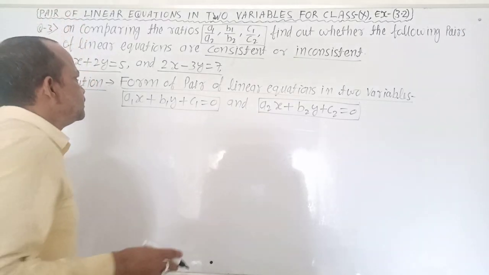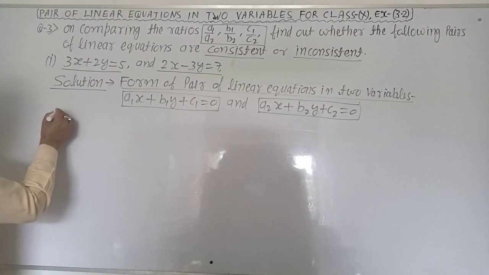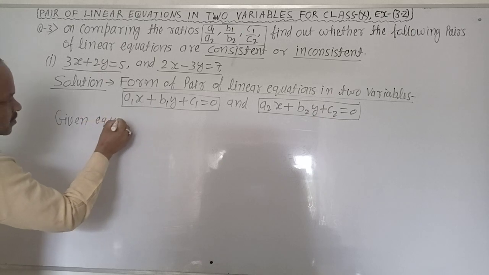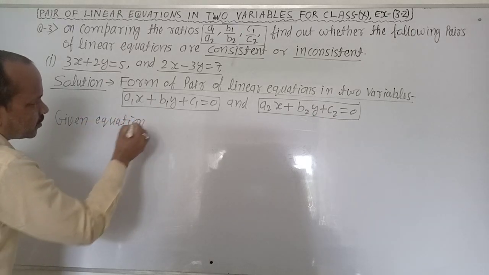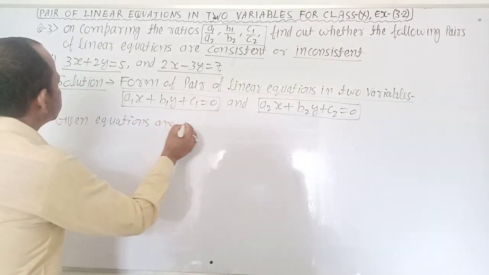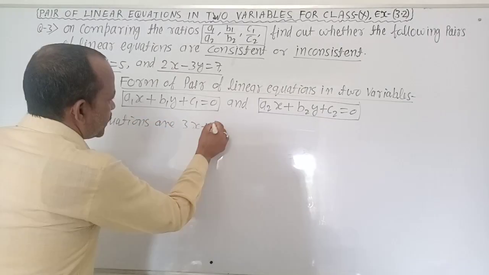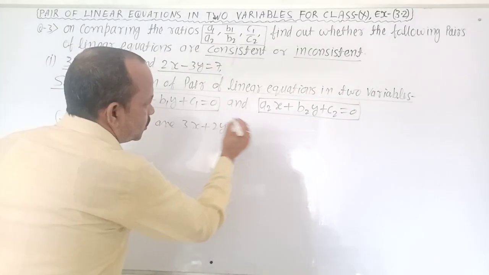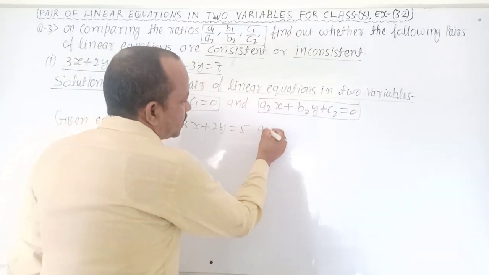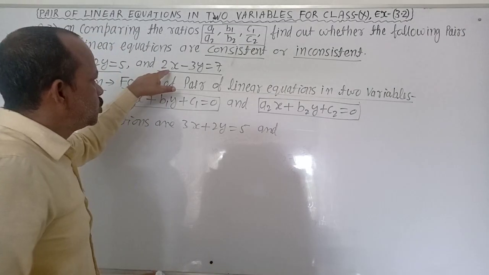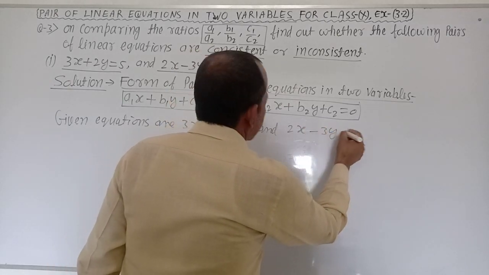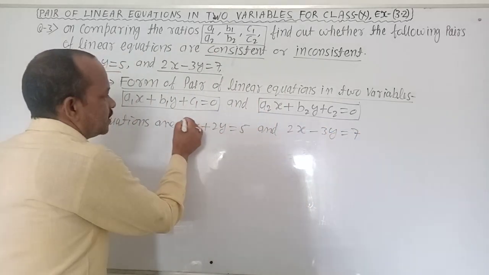Very good. Given equations are 3x plus 2y equal to 5 and 2x minus 3y equal to 7.